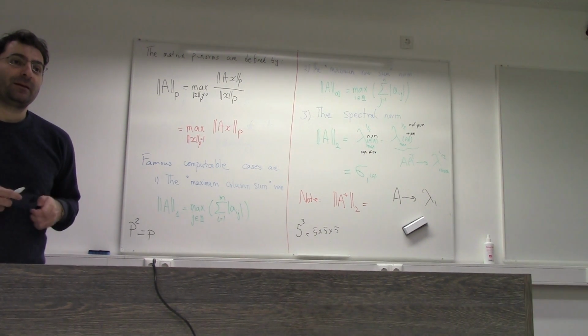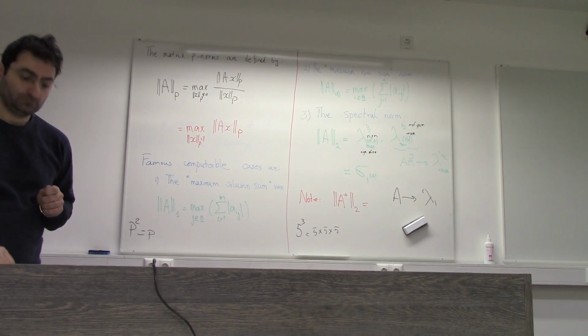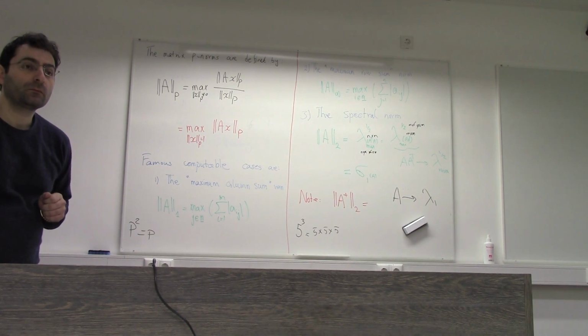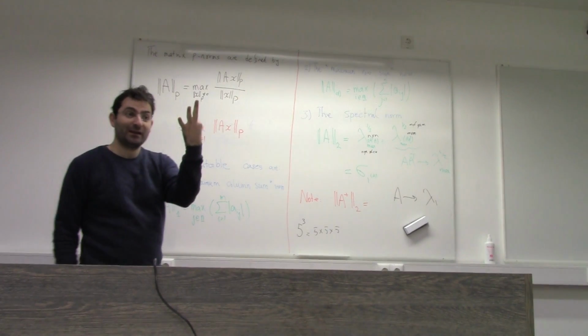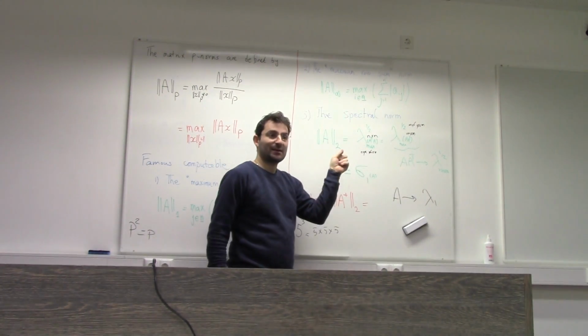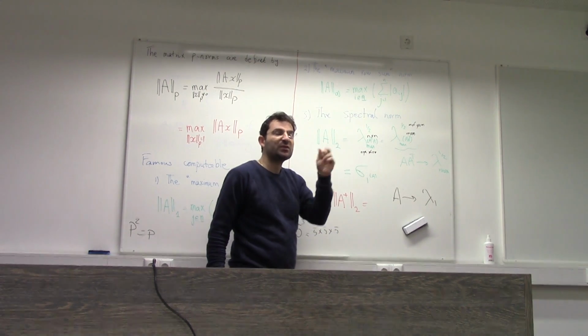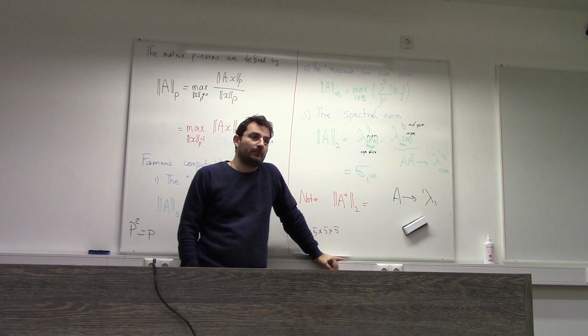I wanted to know why we are using A transpose A when it could possibly be just A. Well, it's three operations. This or this or this. Which one do you pick, in general? Maximum singular value.